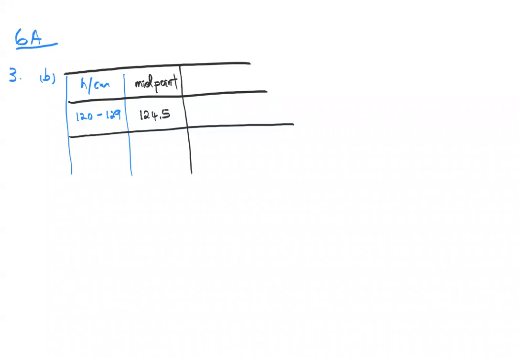Okay, the frequency is 1. So that means when I put 124.5, I assume there is one data, the value is 124.5. Why do I use the word assume?